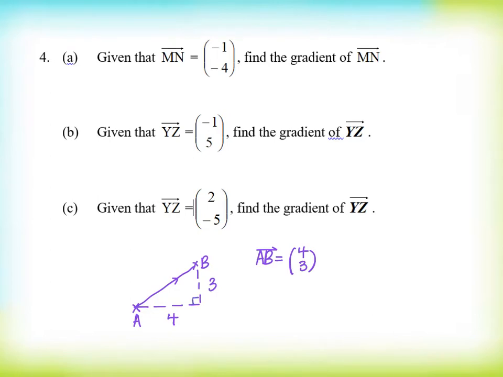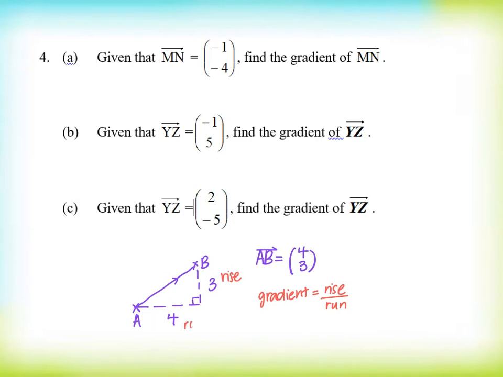Now if this is the case, we are going to look at the gradient of vectors. What is the gradient? Gradient is actually the rise over the run. So if I were to look at the diagram over here, what will be the rise? What's the height? The rise over here will be 3. And what's the run?